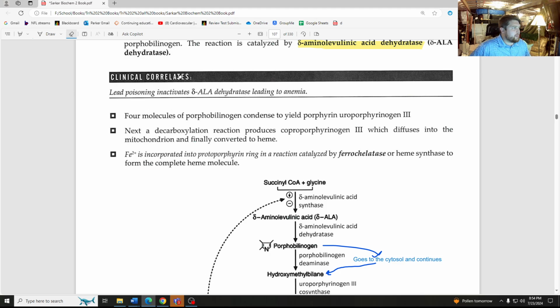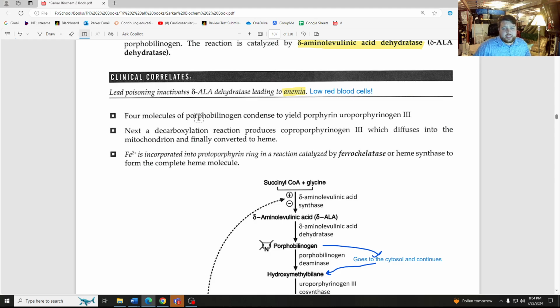Taking a little step back to look at clinical correlates. So lead poisoning inactivates the delta ALA dehydratase, leading to anemia. Anemia meaning low red blood cells. We don't have enough red blood cells that we need.